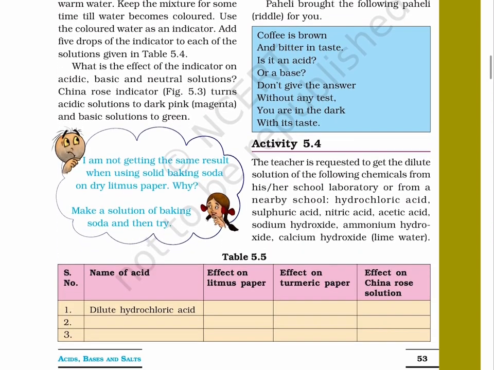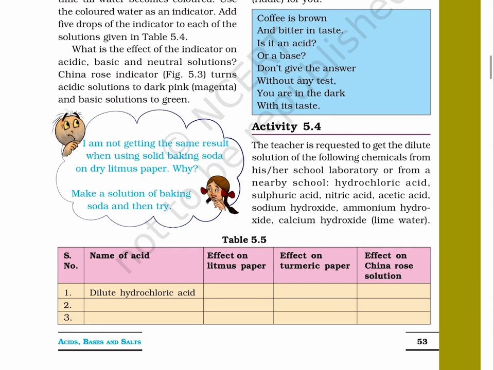A picture of Paheli and also Bojo is next to it. Bojo is wondering, I'm not getting the same result when using solid baking soda on dry litmus paper. Why? Paheli answers, make a solution of the baking soda and then try.